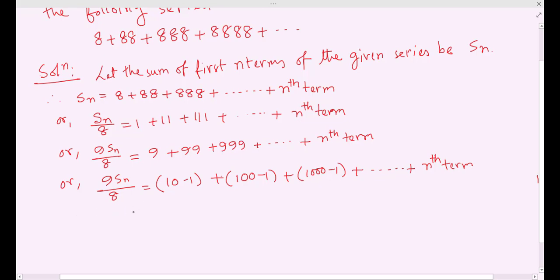Which we can say is 10 minus 1 plus 10 square minus 1 plus 10 cube minus 1 plus, and at the nth term we will get 10 to the power n minus 1.